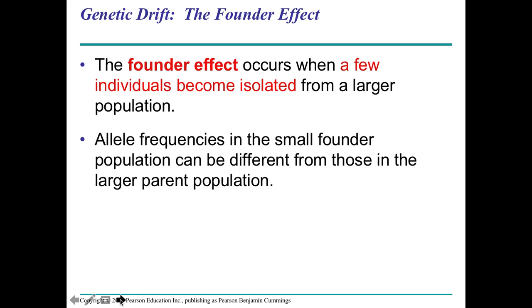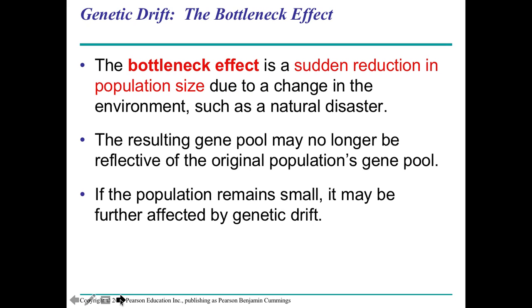So how often dominant and recessive alleles show up in this small founder population, the population that went off on its own, the frequencies can actually be different from those in the larger parent population. Now that makes sense because if only a couple of organisms got separated from the group, there's only a couple of traits that are going to show up versus a huge population.